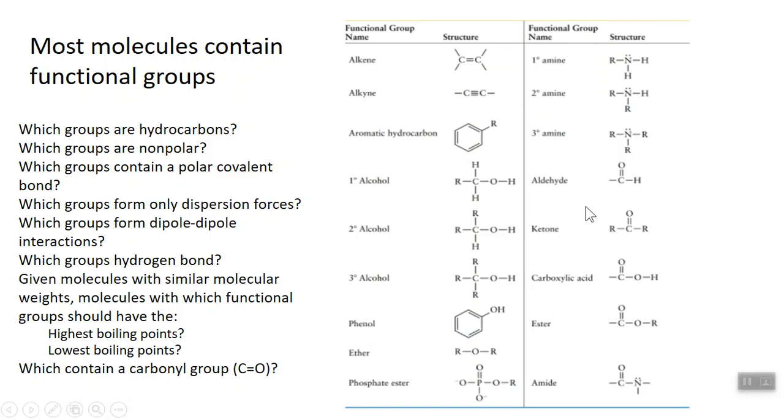The final group that I just want to point out for now is these carbonyl-containing compounds, and a carbonyl is a carbon doubly bonded to an oxygen. Aldehydes, ketones, carboxylic acids, esters, and amides all have that polar carbon-oxygen bond, and so electron density is being pulled away from the carbon by the oxygen, giving that carbon a partially positive charge and the oxygen a partially negative charge.